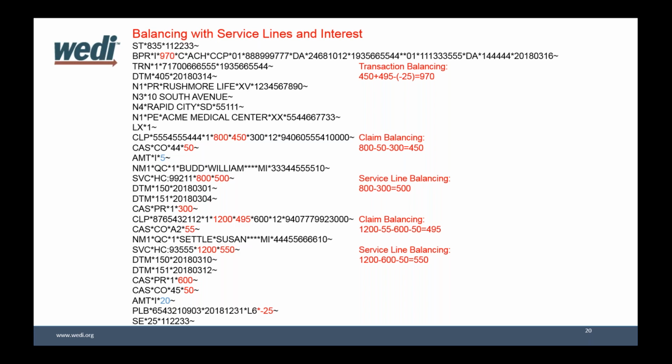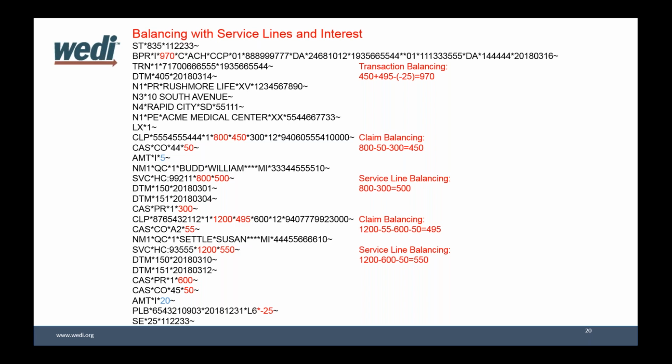Now, here we have balancing with service lines and interest. So here we've got all of the different facets in play. We have PLB, we have service, we have claim, and we've got multiple claims and services. So here, the service line balancing for the lowest service line is the 1,200 minus 600 minus 50, resulting in our 550, and then of course, subtracting that $55 nets us with a $495 at that claim level.